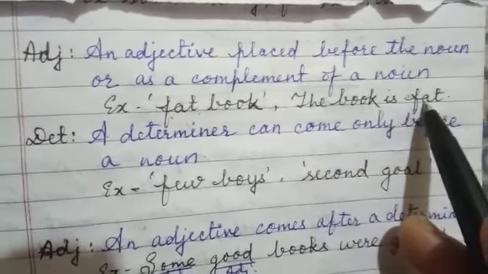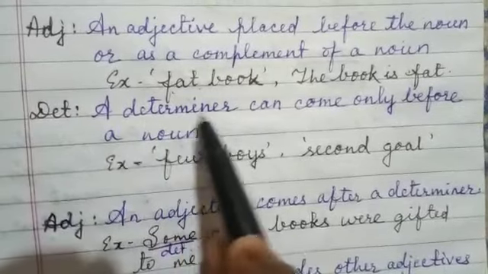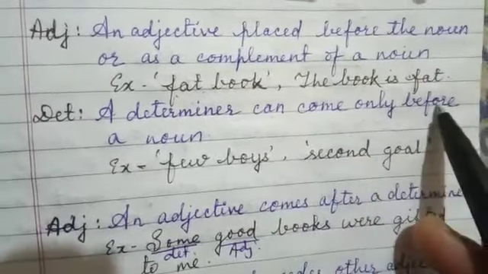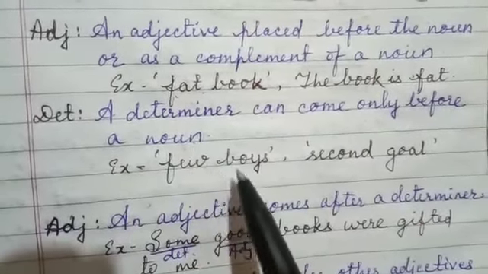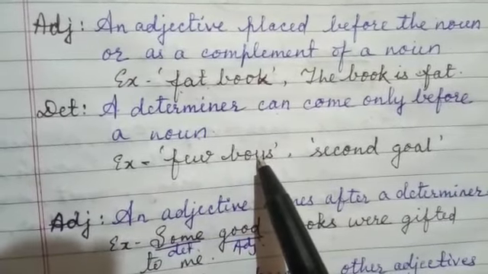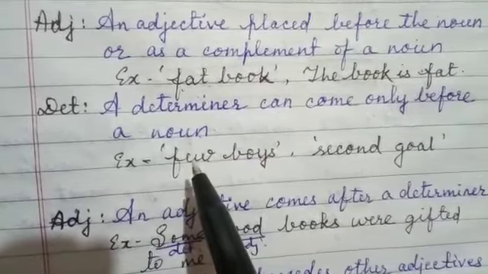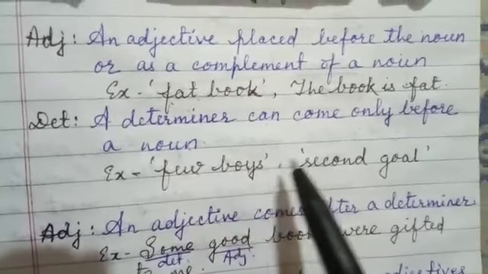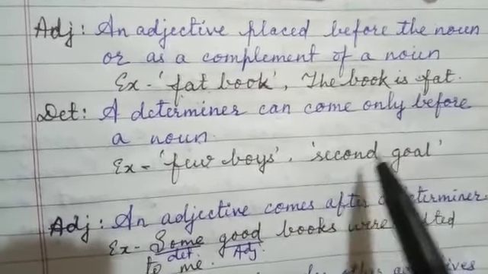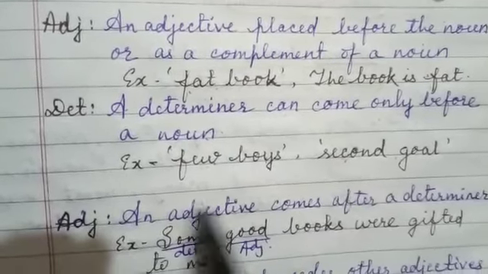But this is also an adjective. But a determiner can come only before a noun. Few boys. Boys is a noun, and few is the determiner. Second goal. Here, second is the determiner.